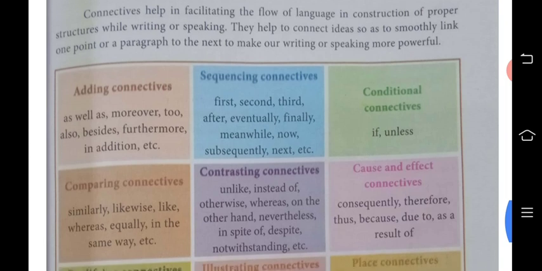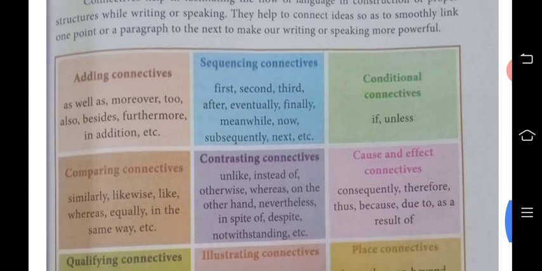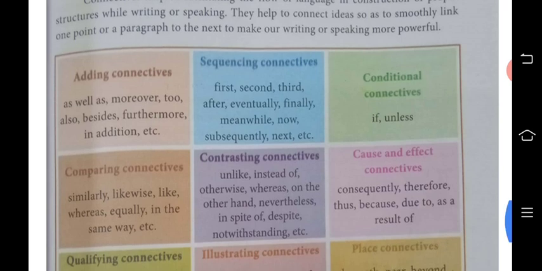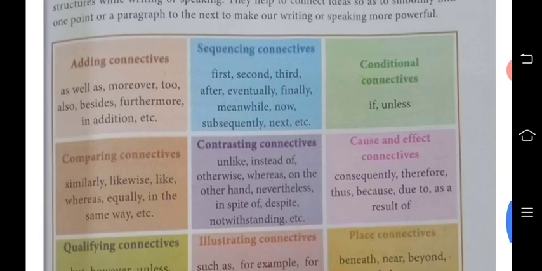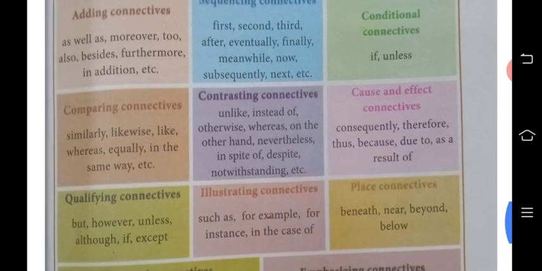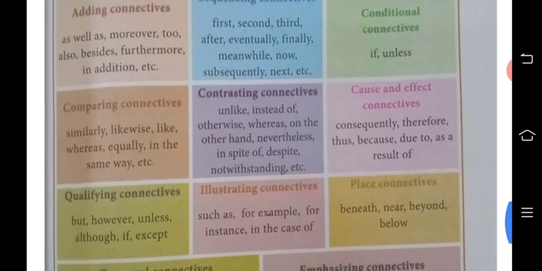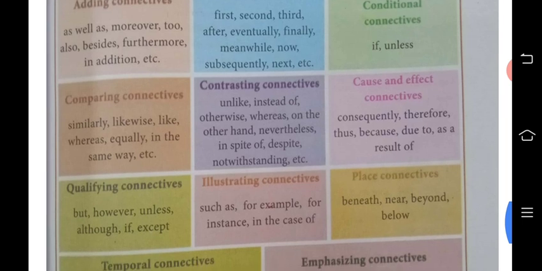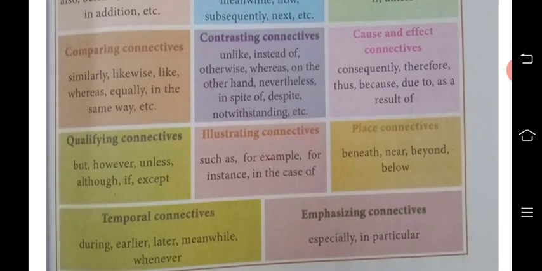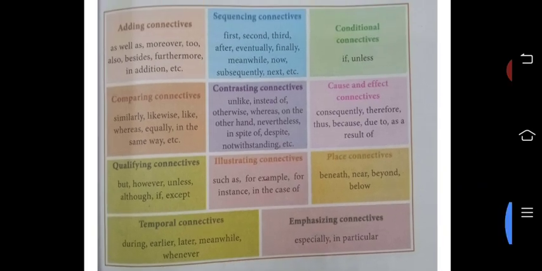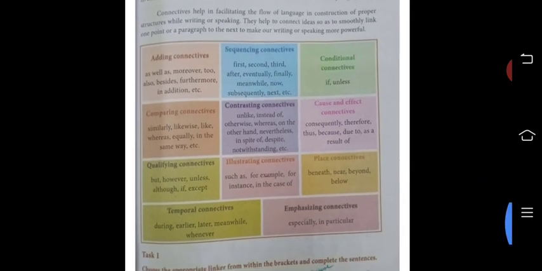They help to connect ideas so as to smoothly link one point or paragraph to the next, to make our writing or speaking more powerful. Okay, so see here. Adding connectives, sequencing connectives, conditional, comparing connectives, contrasting, cause and effect connectives, qualifying connectives, illustrating connectives, place connectives, temporal, emphasizing. So this will help you. Okay, you can take a screenshot.